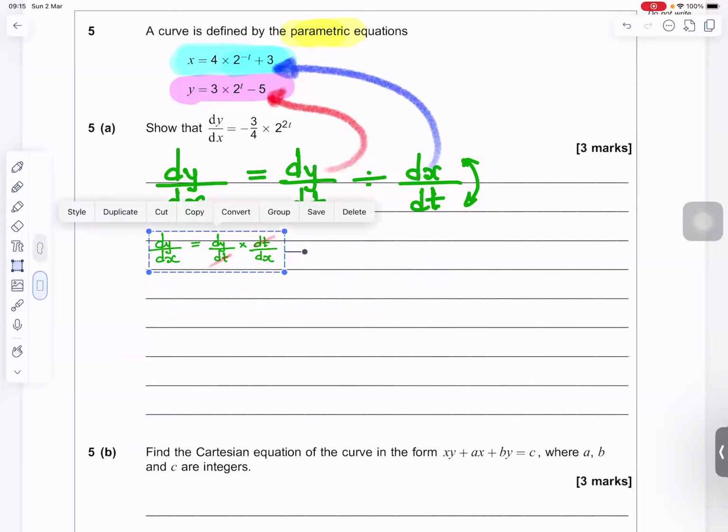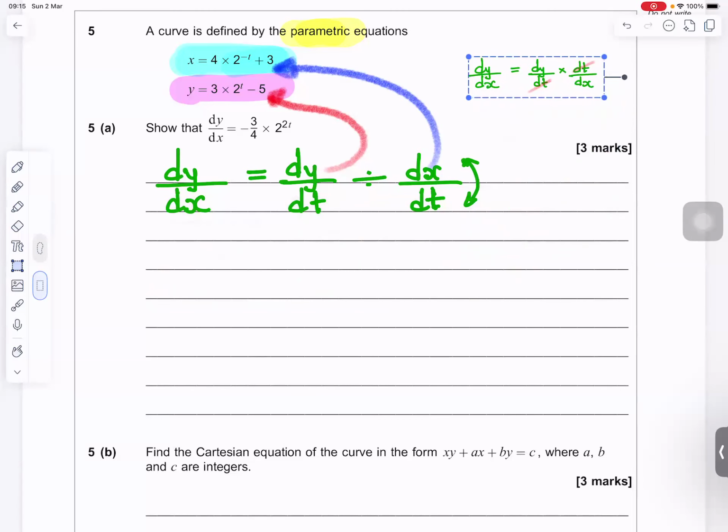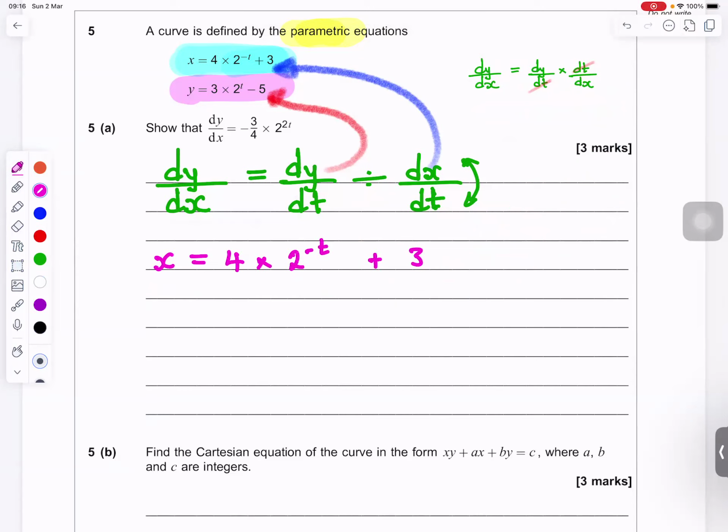So if I take this formula and put it at the top corner there, let's do dx over dt. x is equal to 4 times 2 to the minus t plus 3. How do we differentiate that?